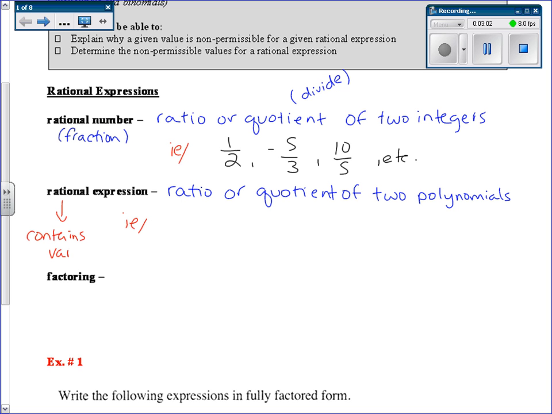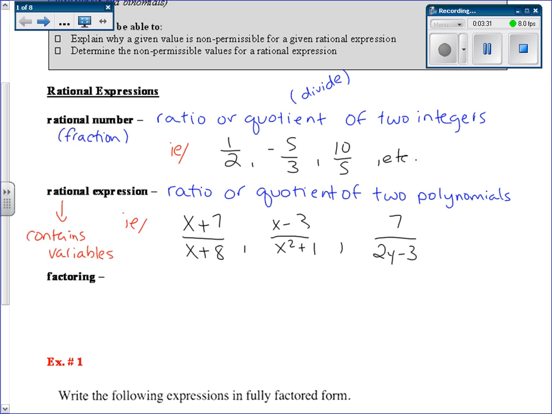Usually we use x, but it doesn't have to be x. Any letter can be a variable. That's what variable means. Variable means that number changes, and everything else in it is a constant. So some examples of rational expressions are x plus 7 over x plus 8, x minus 3 over x squared plus 1, 7 over 2y minus 3. Those are all examples of rational expressions.